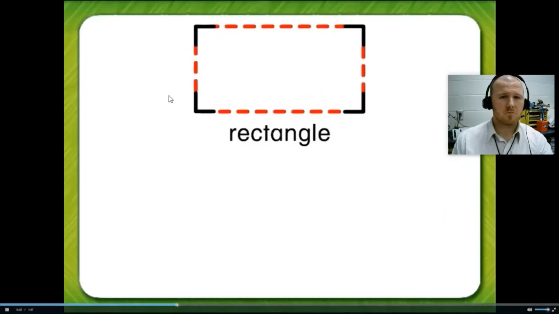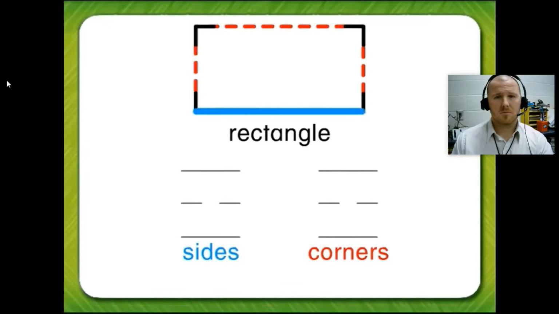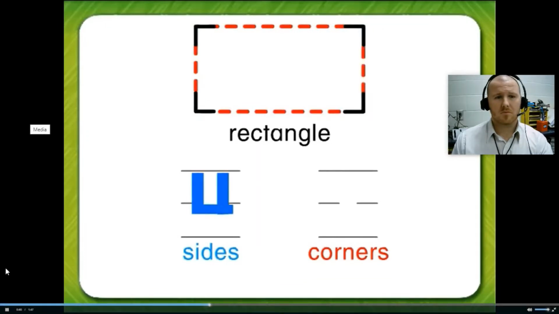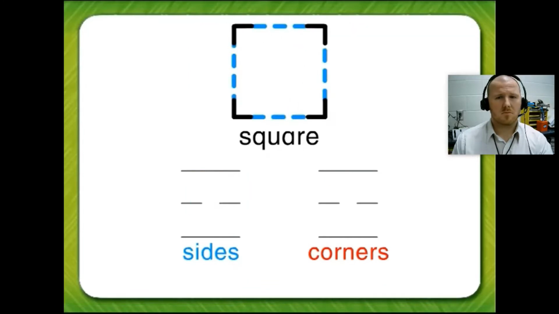This is a rectangle. A rectangle has 1, 2, 3, 4 sides, and 1, 2, 3, 4 corners. This is a square. A square has 1, 2, 3, 4 sides, and 1, 2, 3, 4 corners.